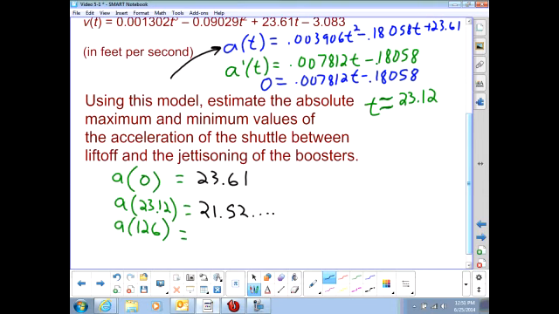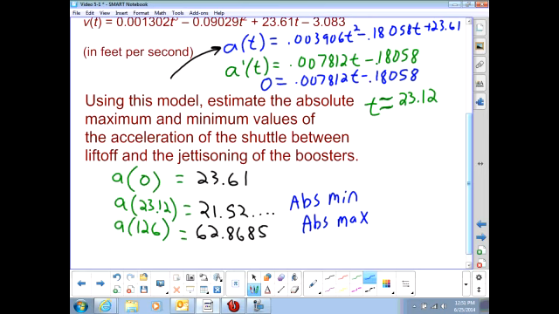And when we plug in the 126, we get 62.8685. So this is our absolute minimum acceleration, the 21.52, and this is our absolute maximum acceleration.